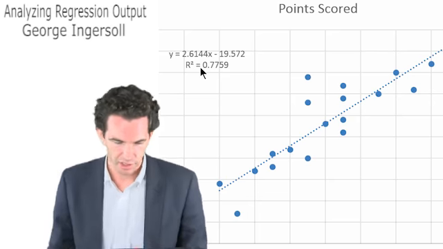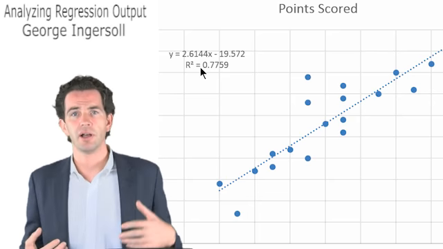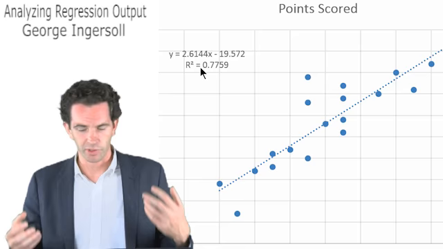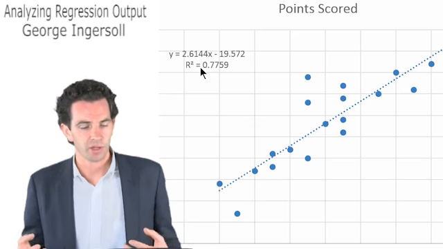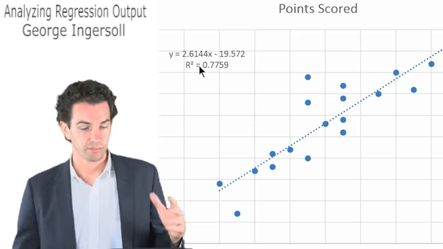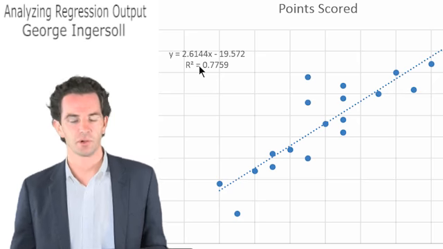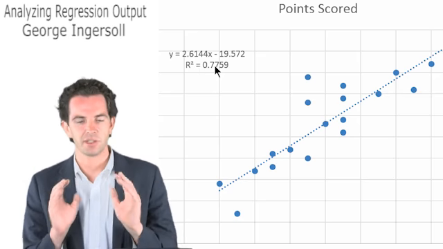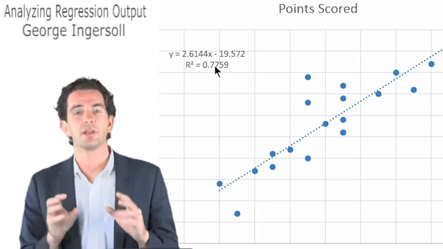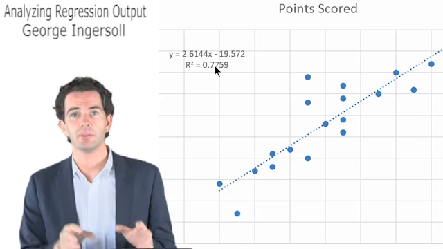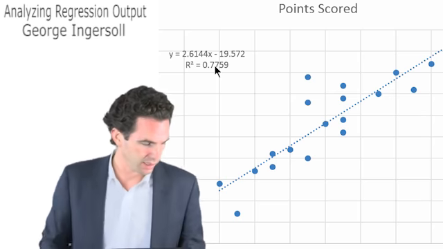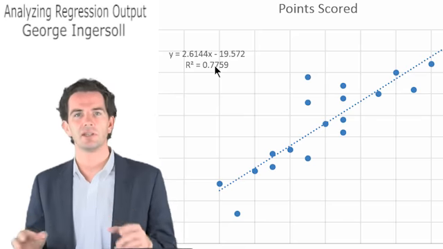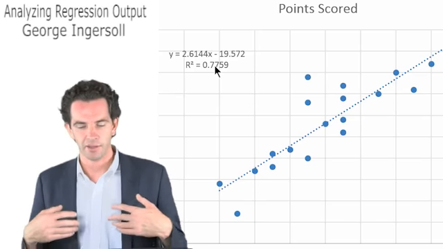The correlation, which you already know as a measure of the relationship between these two variables, r squared is the square of your correlation, and that just tells you this is the percent of the variance in the dependent variable that is explained, I shouldn't say predicted, that is explained by the independent variable.